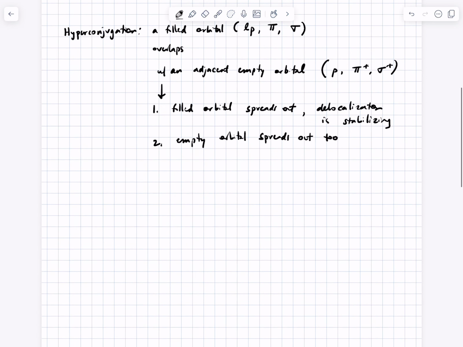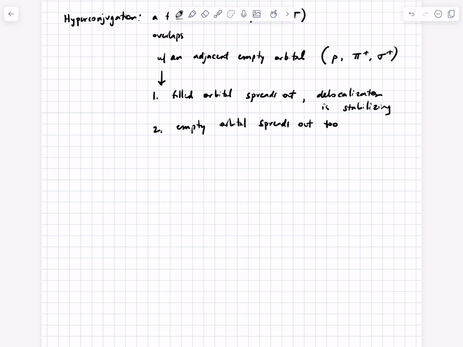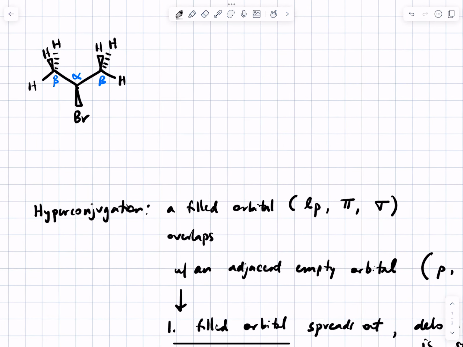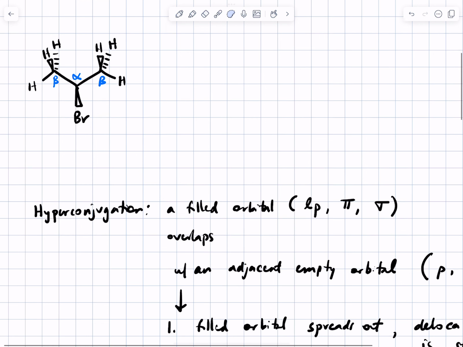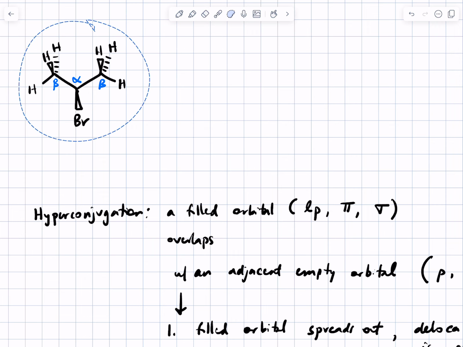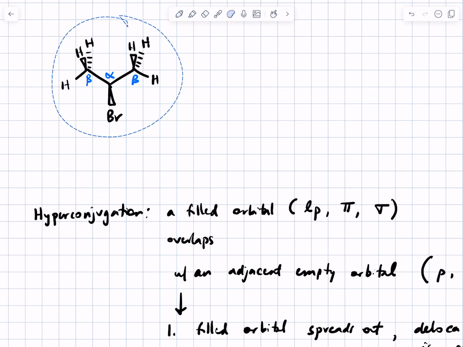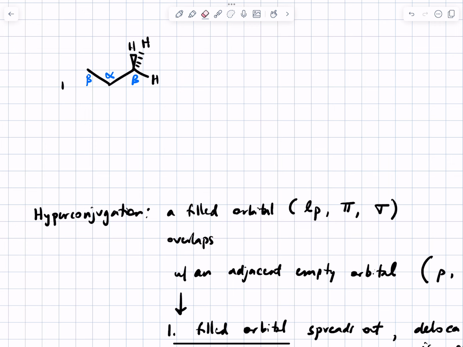And we can draw this happening. So let's envision that going on here. What's the filled orbital and what's the empty orbital? Well, as we discussed, and if you'll allow me, for the purposes of this discussion, I want to draw this molecule just a little bit differently.